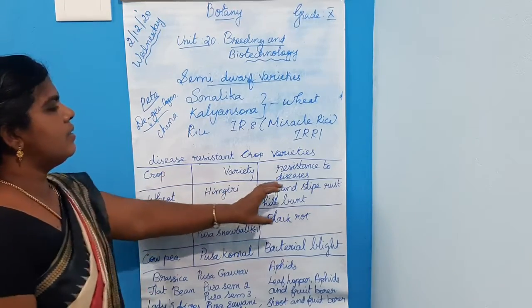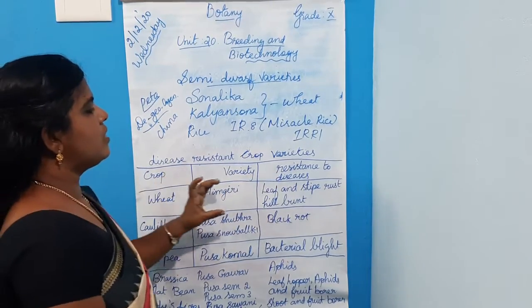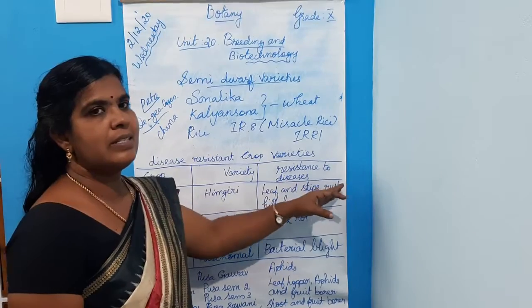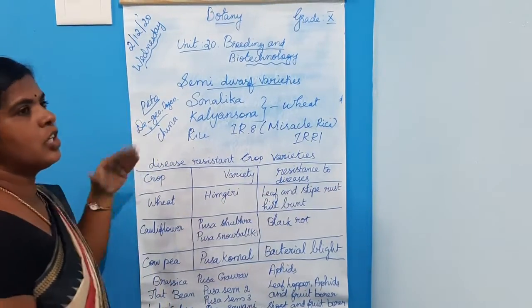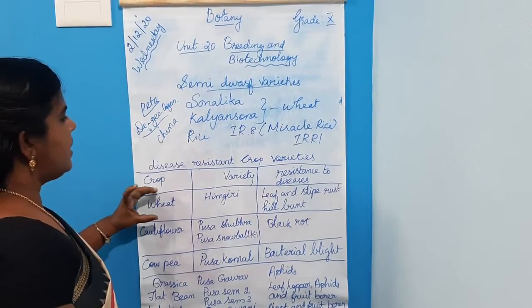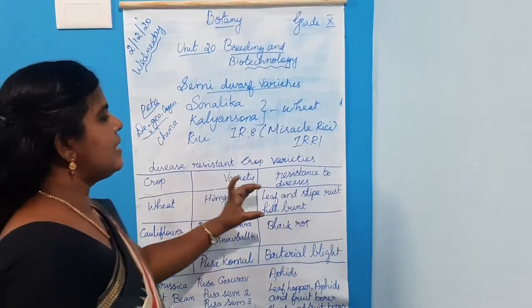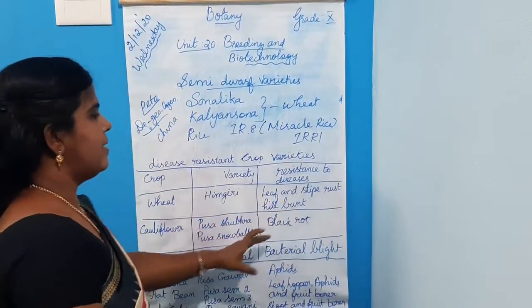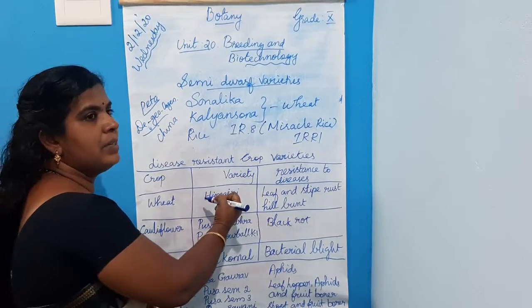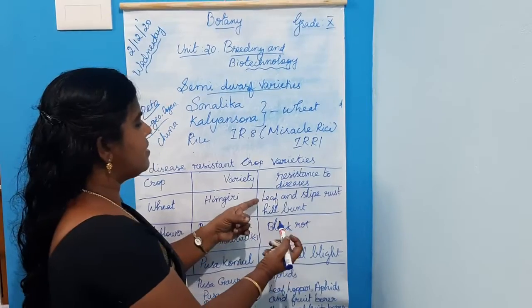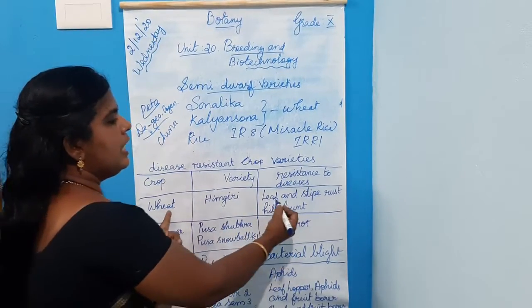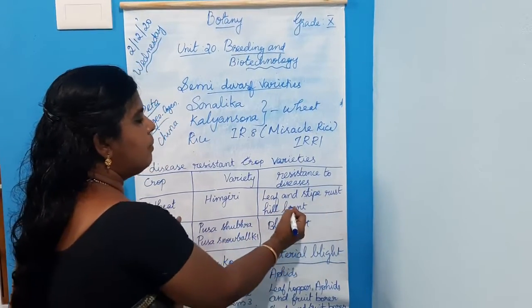Usually this wheat plant is affected by these diseases. Because of this breeding technology, the wheat plant possesses resistance against these diseases. The name of the variety is Himgiri. The diseases that affect the wheat plant are leaf and stripe rust, hill bunt.